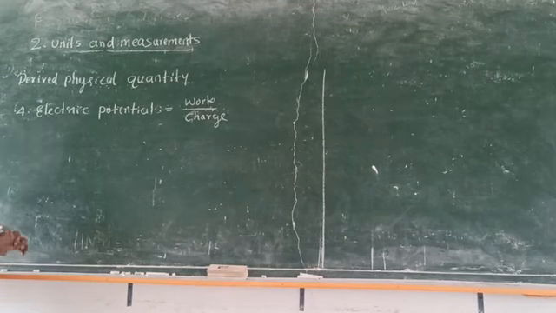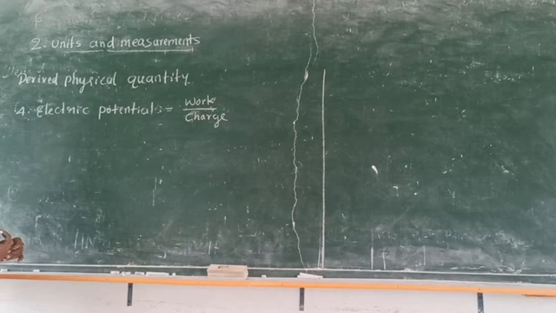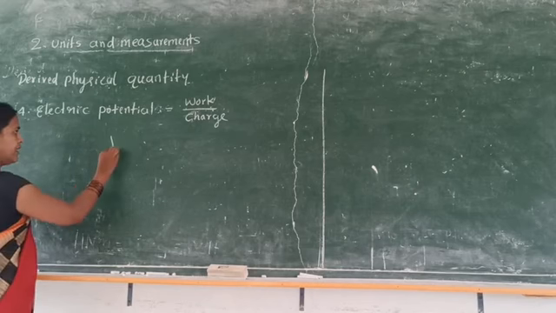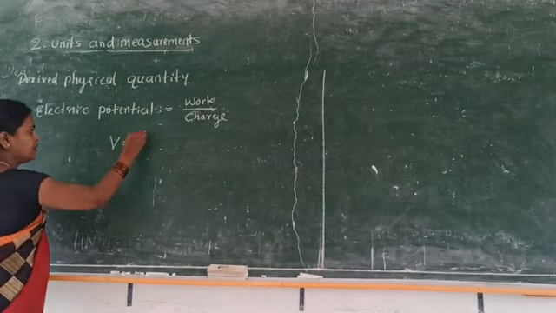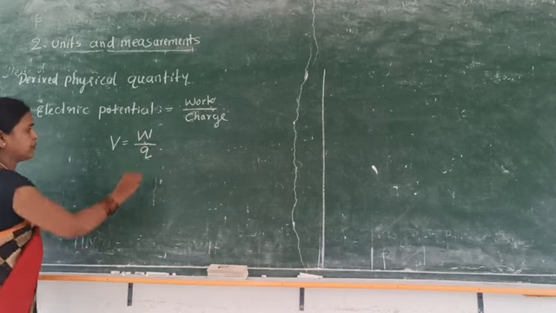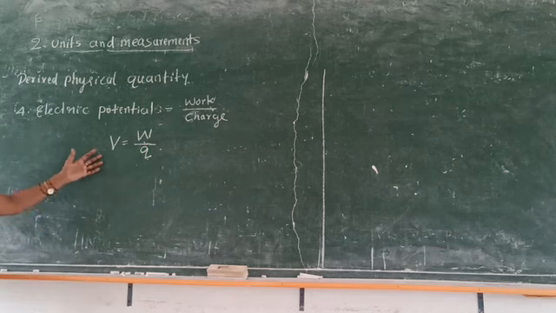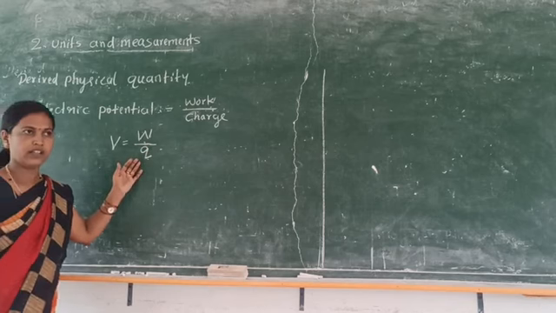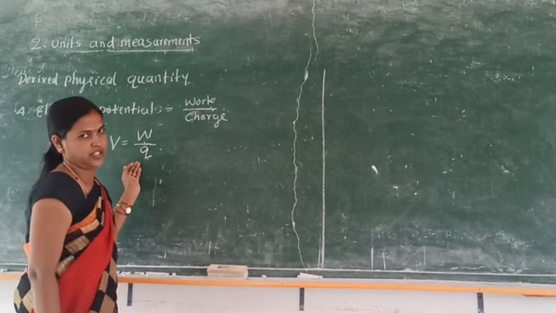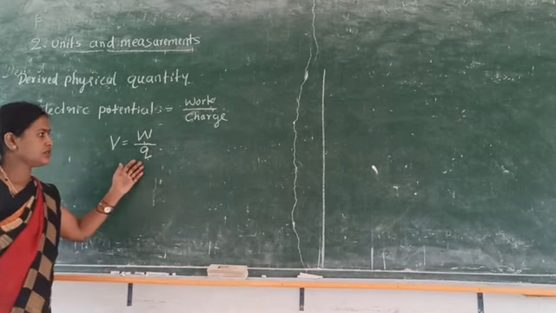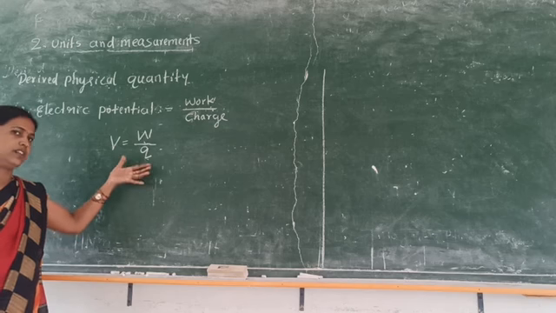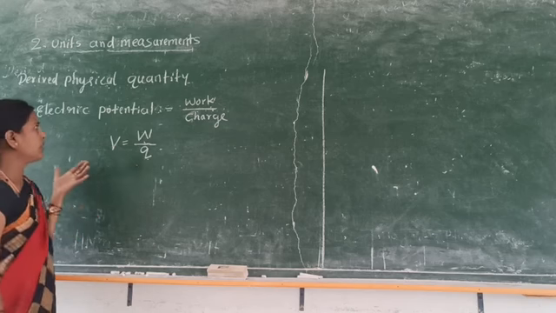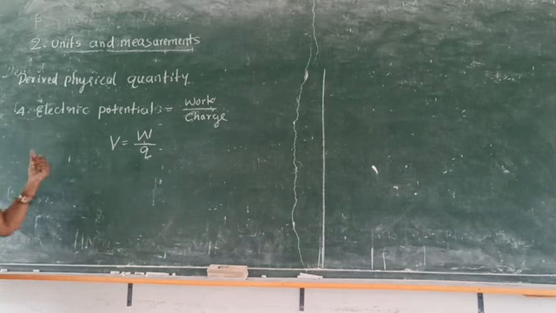Now the physical quantity. The next one is electric potential. It is defined as V is equal to W divided by Q. Electrostatic potential is defined as the work done in bringing a test charge from infinite distance to a certain point. That amount of work done you can call electric potential.